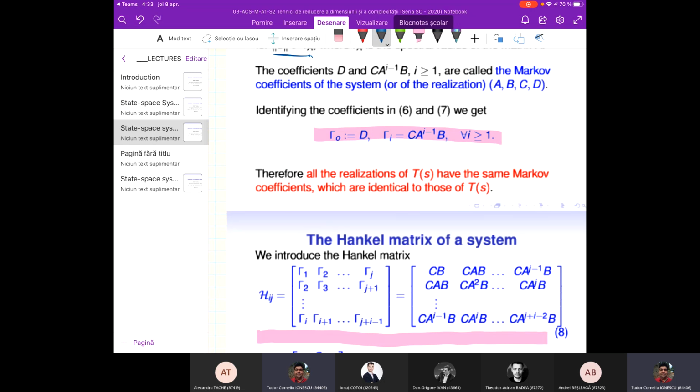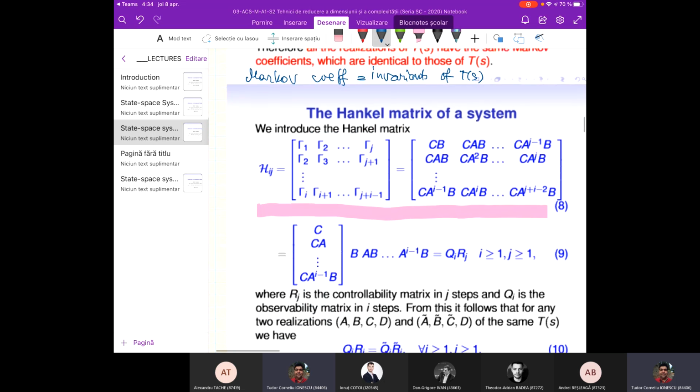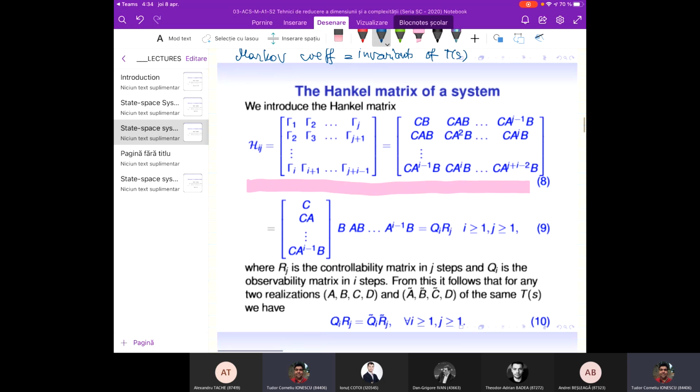The Markov coefficients are invariants of T(s), so the realization doesn't count. For any realization, you get the same Markov coefficients. Now, based on the Markov coefficients, we introduce another interesting quantity, which helps us get the minimal dimension.